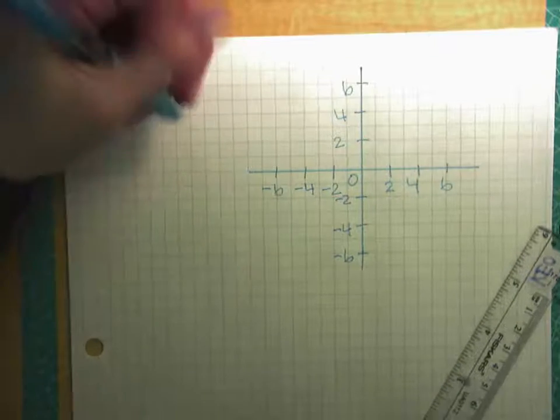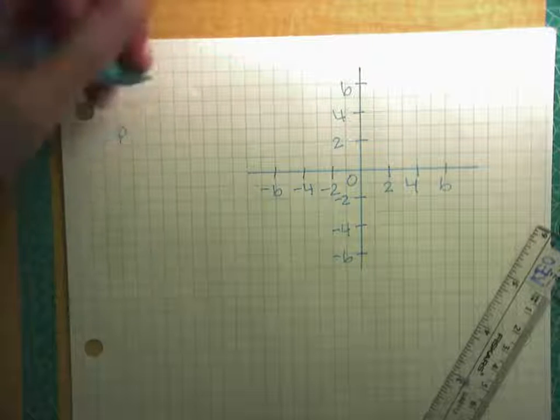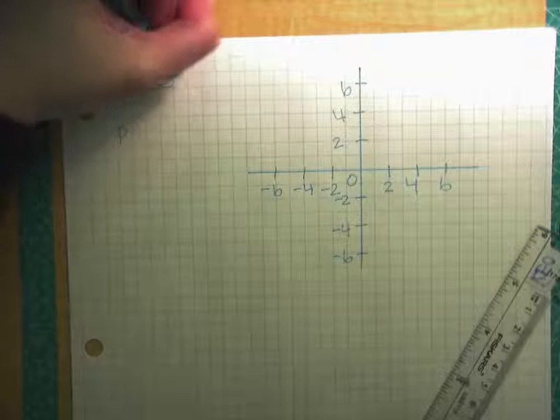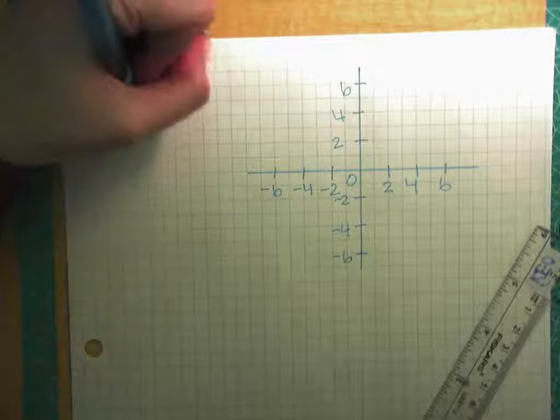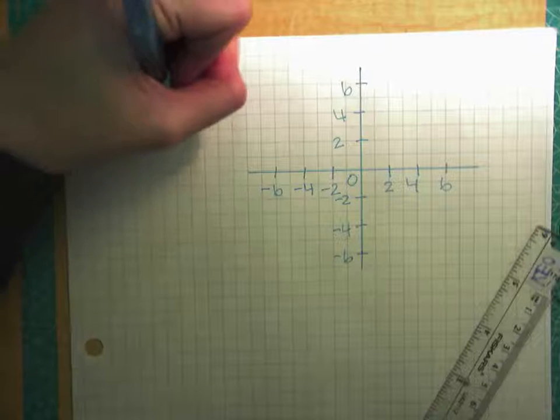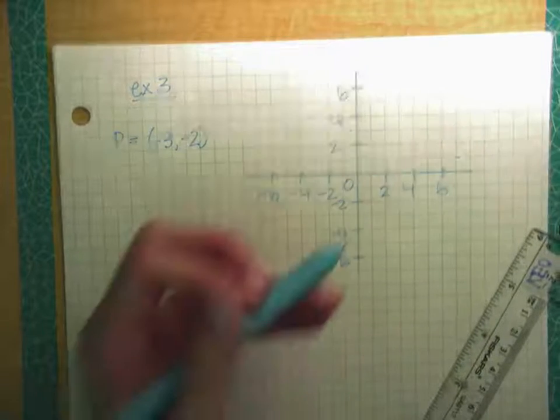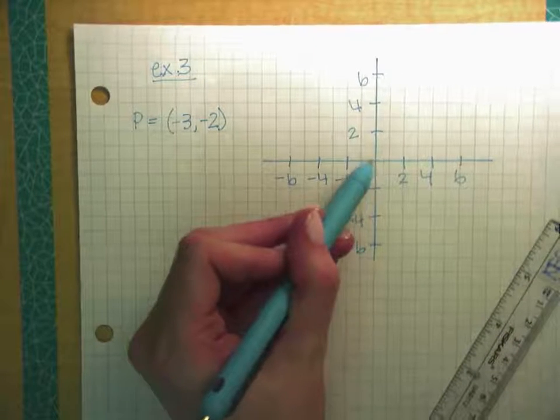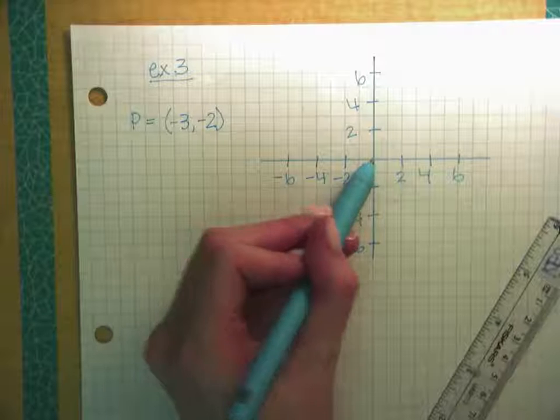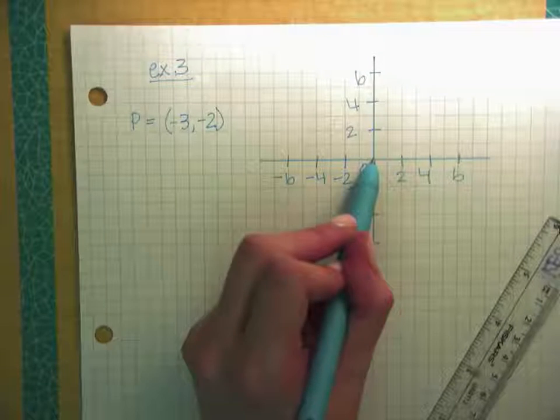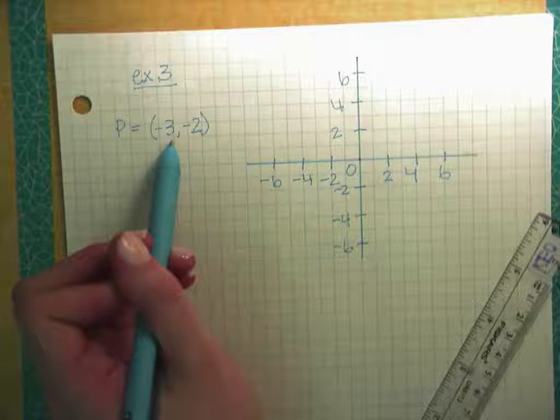Alright, so my first point is going to be point P. This is example 3. Point P, the coordinates are -3, -2. So again, I'm going to start at the origin, and I'm going to look at my x coordinate to see where I need to go. My x coordinate is -3.